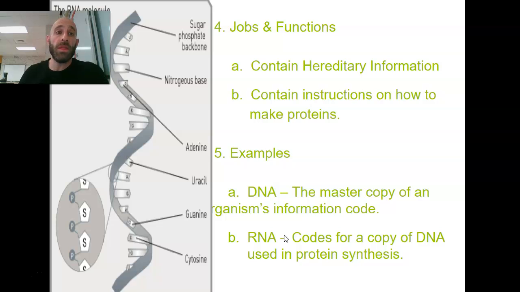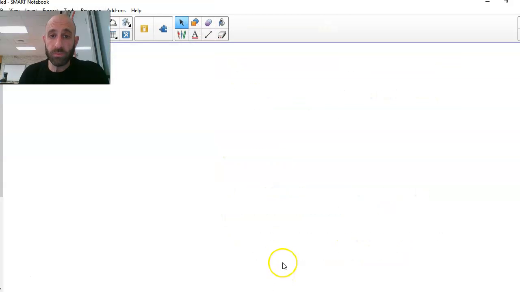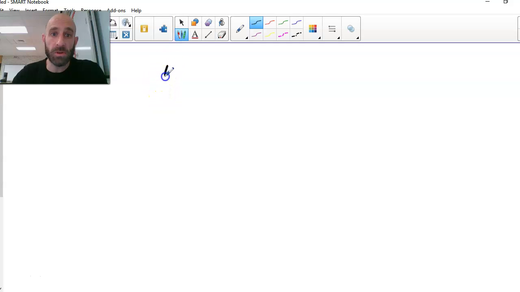So just know that a nucleotide forms together to make a strand of DNA, which is a type of nucleic acid. So just to make sure we understand that, I'm going to just draw a quick little picture here. So if I were to say draw DNA, you probably would draw something like this. You've all seen this image before. It's a double-stranded molecule that has these bases that attach in the middle.